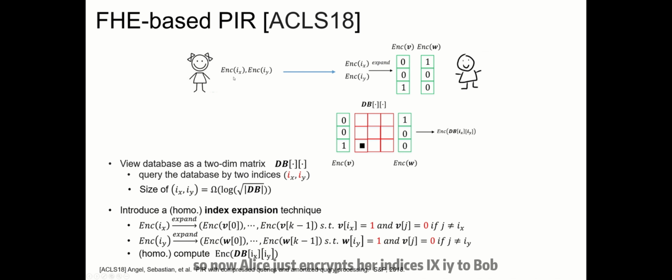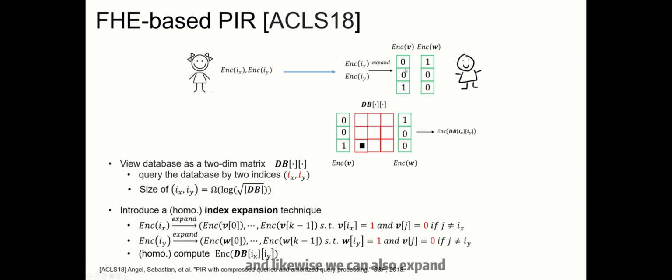So now Alice just encrypts her indices ix, iy to Bob. Now Bob can homomorphically perform a so-called index expansion procedure that can expand Ix into a 0, 1 vector with the Ix item to be 1, whereas the other elements are 0.